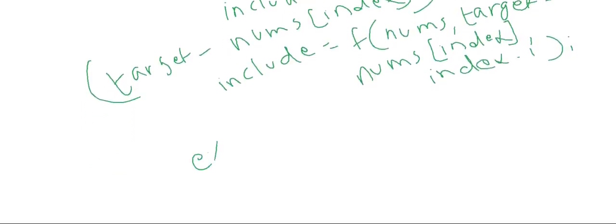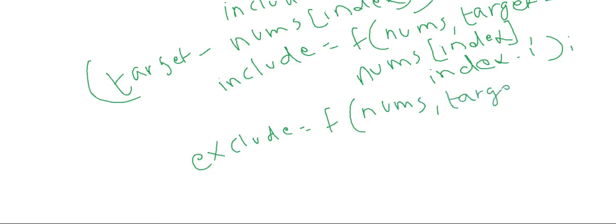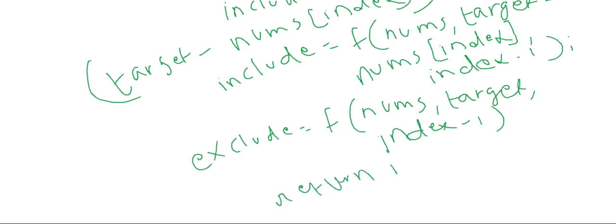And our exclude will be a recursive call too. We are excluding the element, so our target is unchanged, and index minus 1. And then we're going to return the OR of include and exclude.